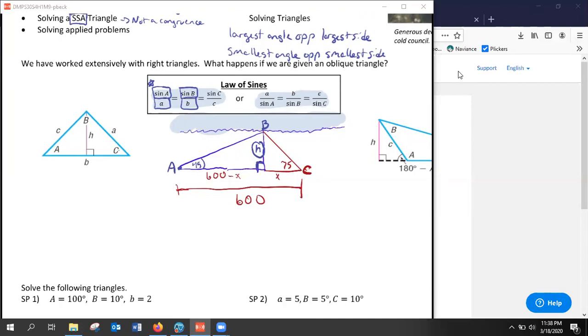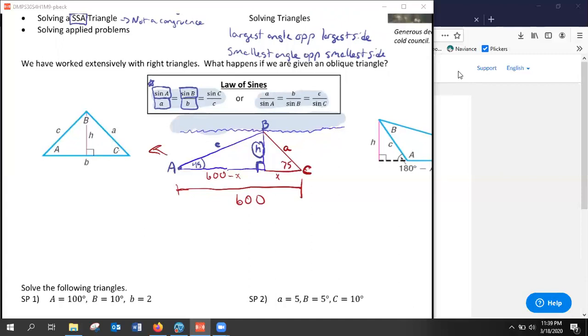Now we're going to throw that h out of the way and say, maybe I want to know the length of the light beam here, or maybe I want to know the length of the light beam here. I've matched those up with little a opposite of angle A and little c opposite of angle C, just so we could show the mathy aspect of this. If you notice, it's very similar to the triangle I have over here.